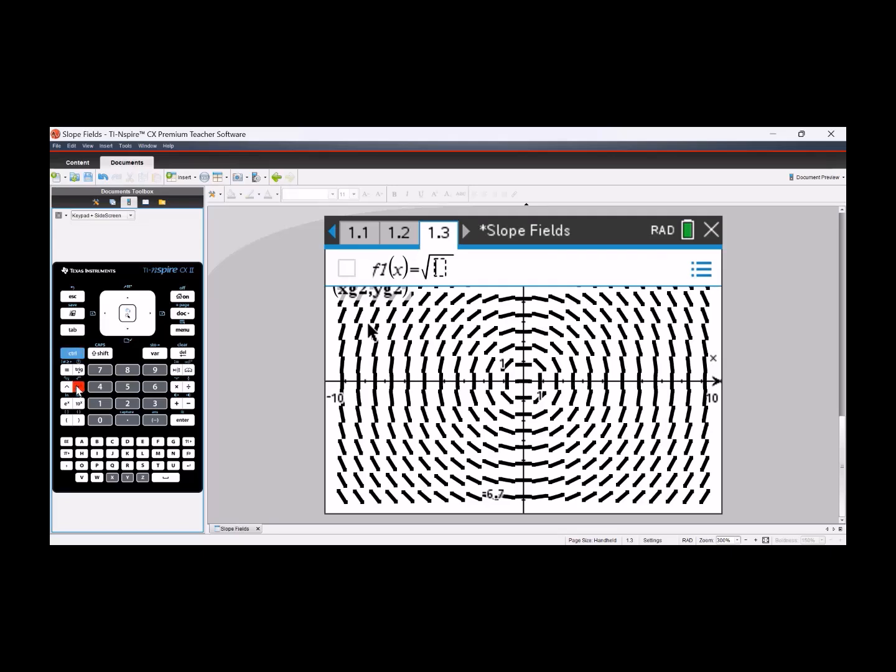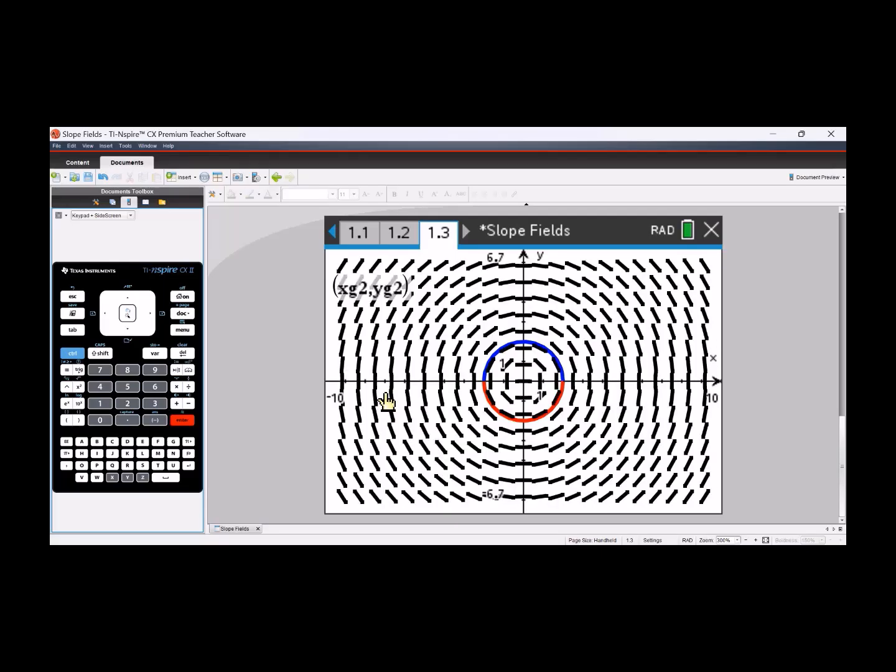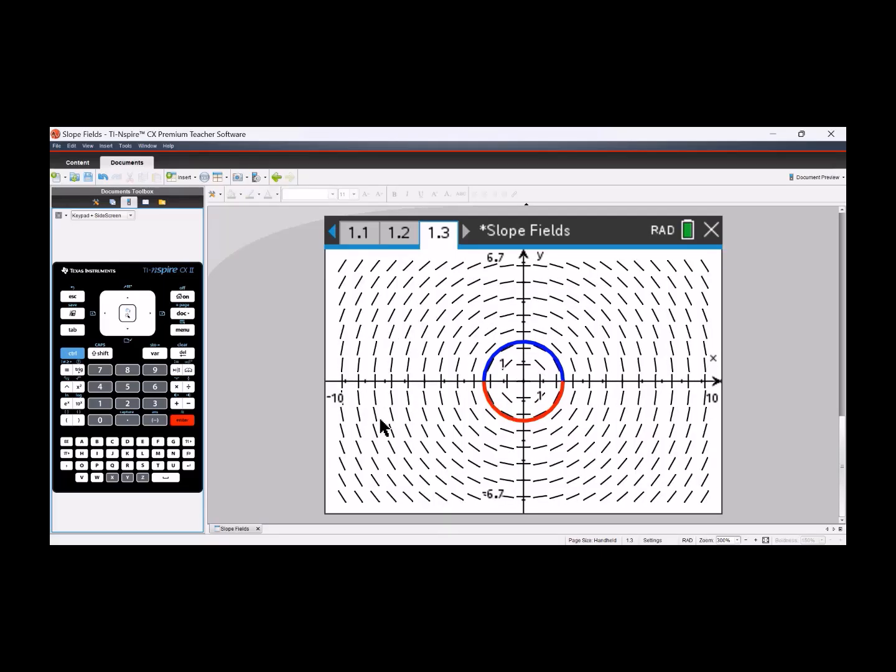We press control, square root of 4 minus x squared, arrow down, the negation of the square root of 4 minus x squared, and hit enter. You can see how our circle goes right along those little tangent lines. And that's our particular solution amongst the family of solutions.